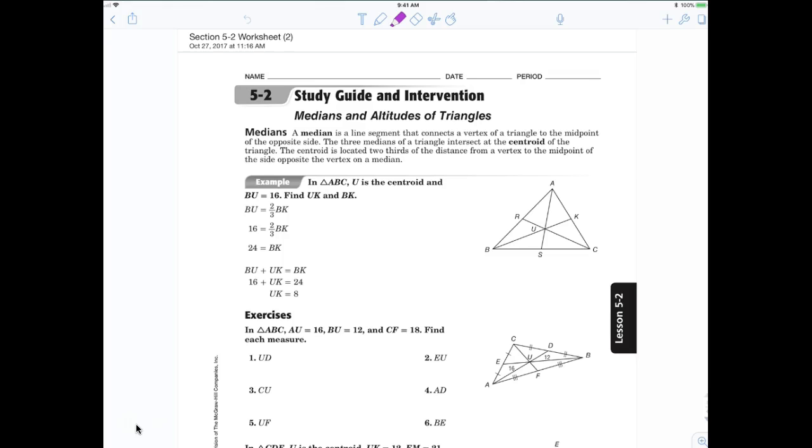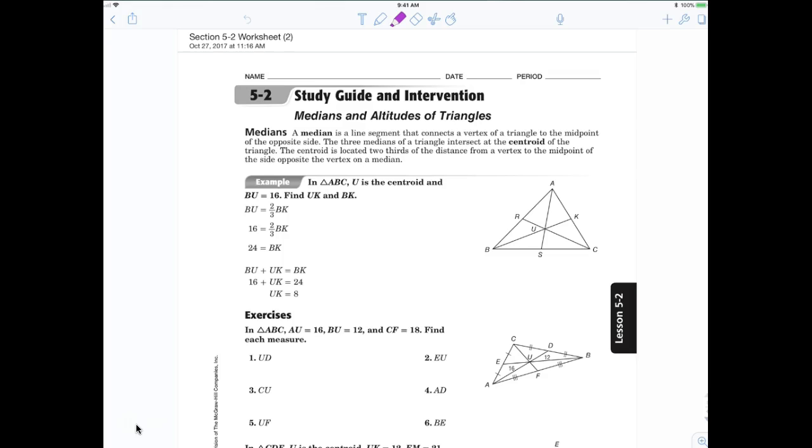One of them is called the centroid, and the other one is called the orthocenter. There's not really that much exciting about the orthocenter, but the median is sometimes referred to as the middle of the triangle.